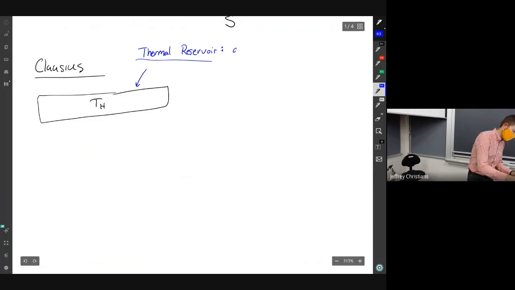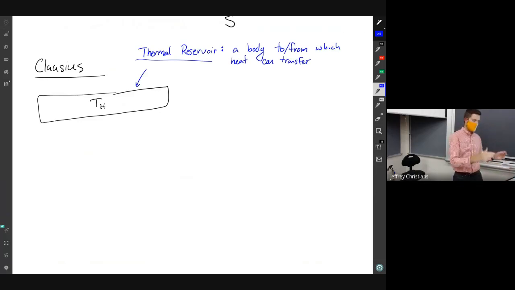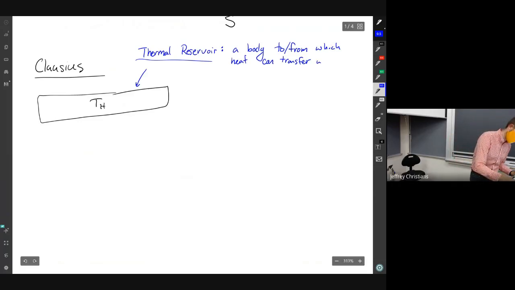It's a body to which heat can transfer. So we can take heat and put it in or take it out without changing temperature.